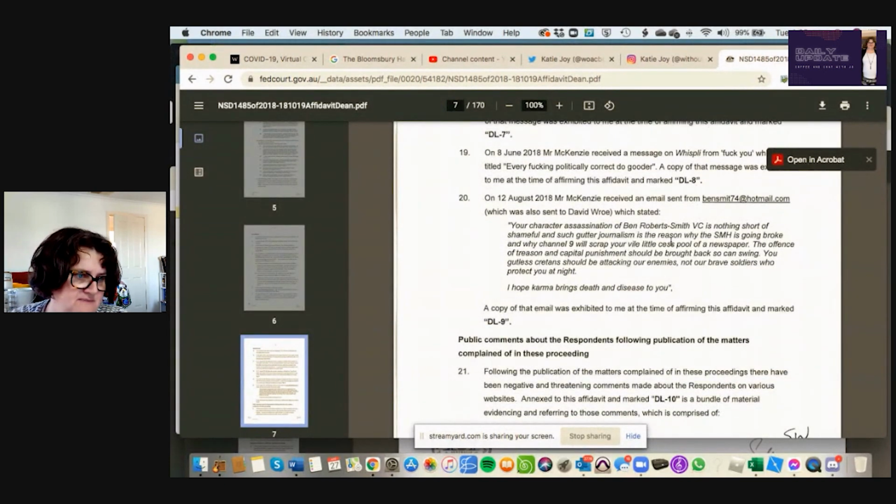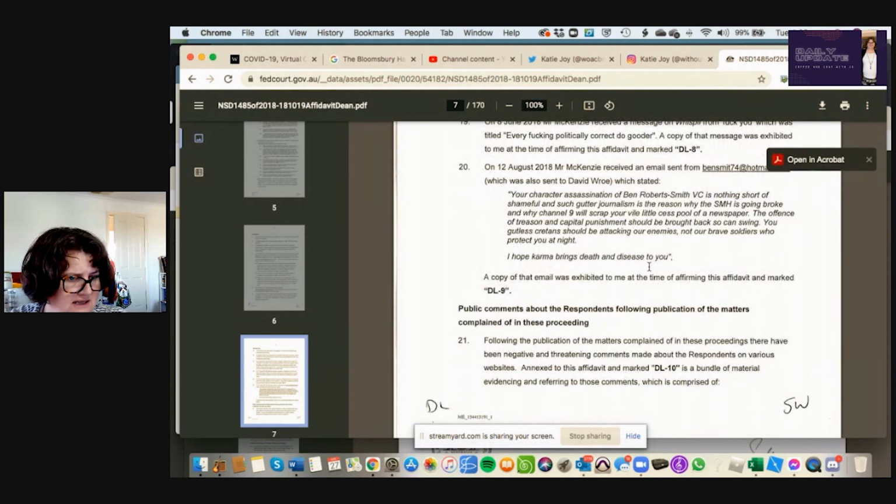On the 12th of August, Mr. McKenzie received an email sent from Ben Smith 74, which was also sent to David Rowe, which stated, "Your character assassination of Ben Roberts-Smith is nothing short of shameful and such gutter journalism. The reason why the SMH is going broke and why Channel 9 will scrape your vile cesspool of a newspaper.